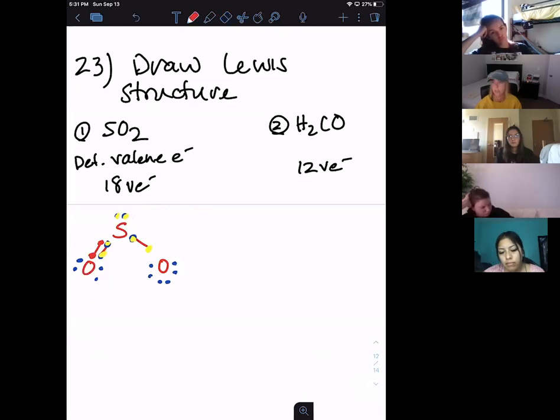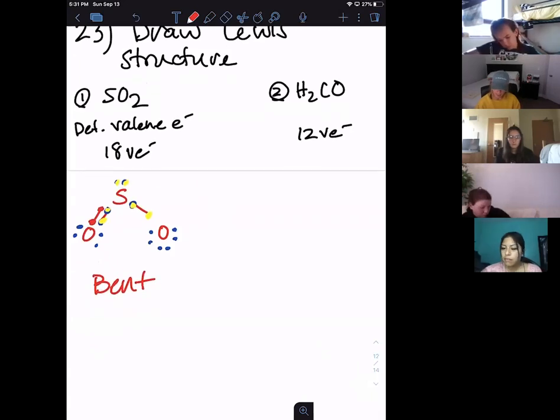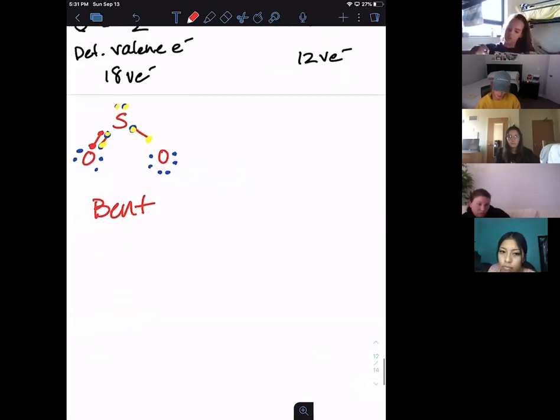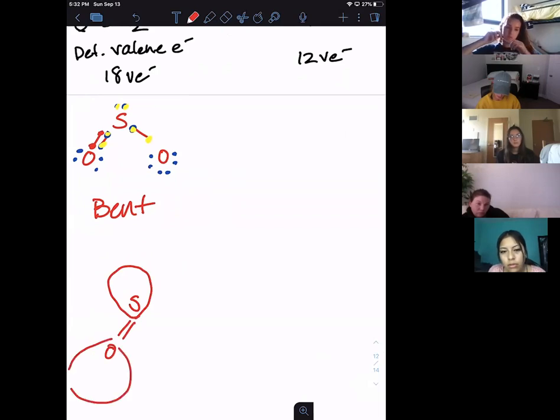Form double bonds, okay? This shape would be considered bent, and it's bent because it's not making a necessary pyramid. If I were to redraw this in terms of just electron clouds, this would be its electron cloud. Then we would have oxygen that would have an electron cloud here.